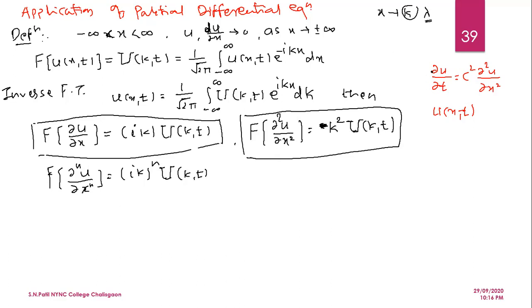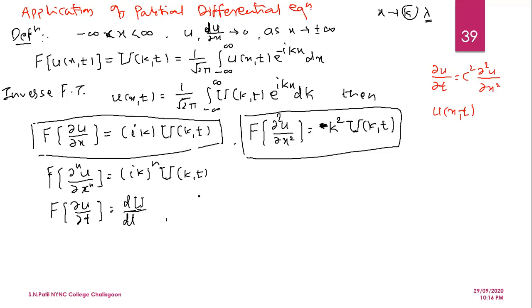And see here the left hand side of the heat equation is with respect to t. So when we differentiate with respect to t, d/dt is outside, since the integration is with respect to x. Then the Fourier transform of ∂u/∂t is d/dt of the remaining term, which is U, that is dU/dt.